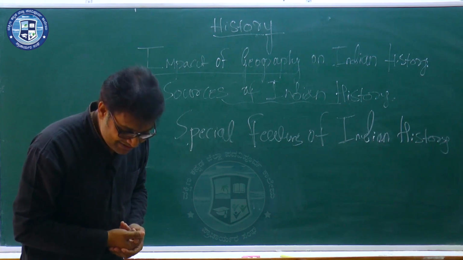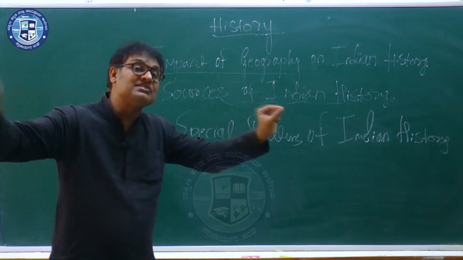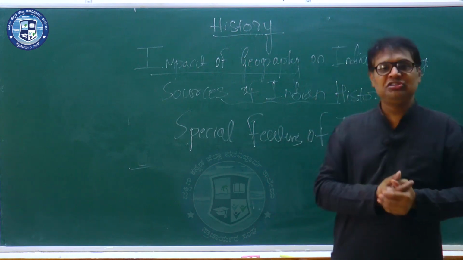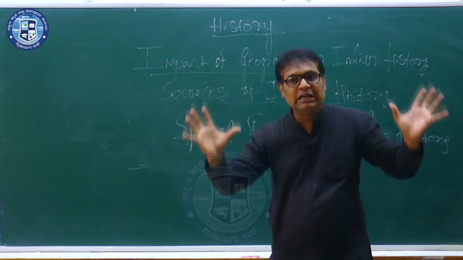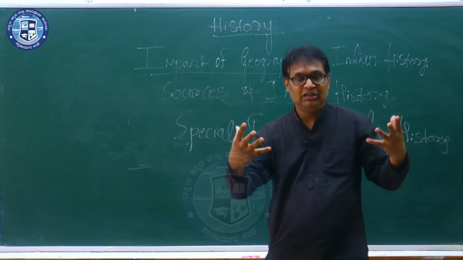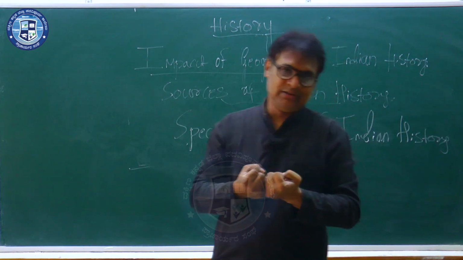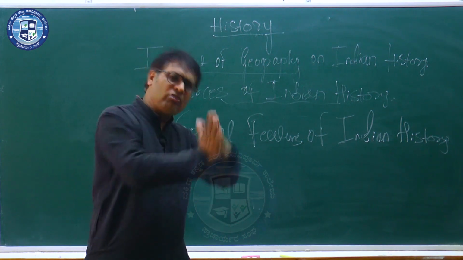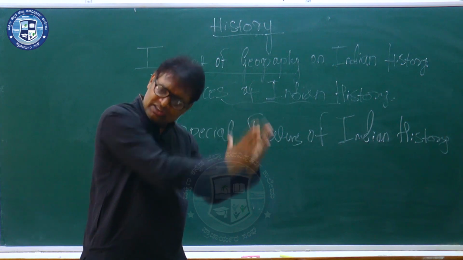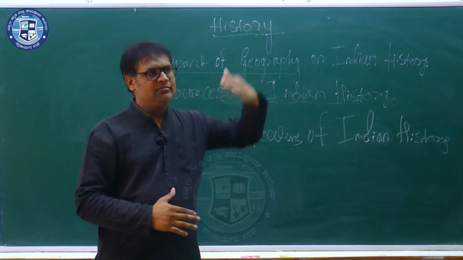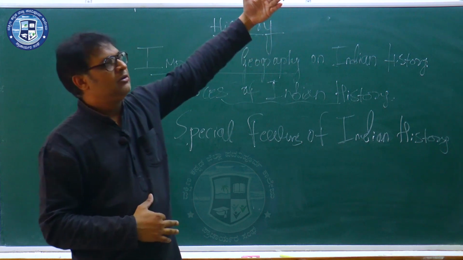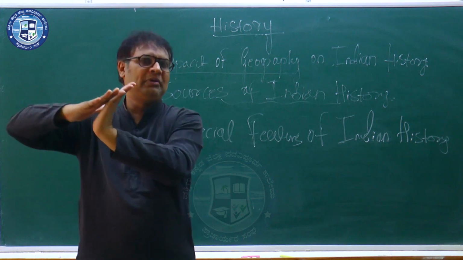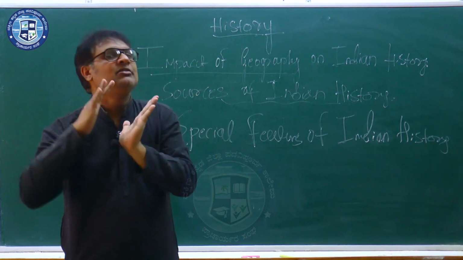And the second one is evolution in phases. What is the meaning of evolution? Evolution means a process of gradual development. In the beginning, Harappan civilization. The next little development took place during the Vedic period.